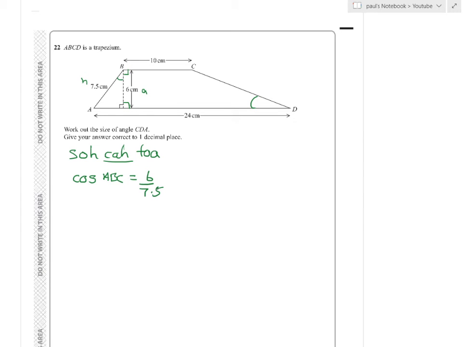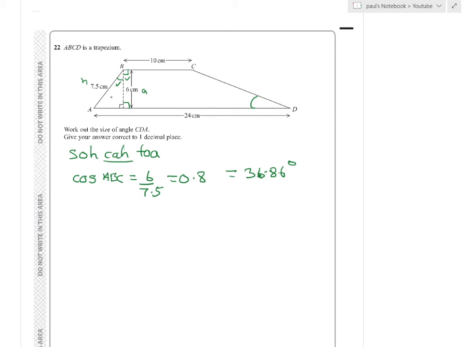So 6 divided by 7.5 is 0.8. So shift cos 0.8 equals 36.86 degrees.